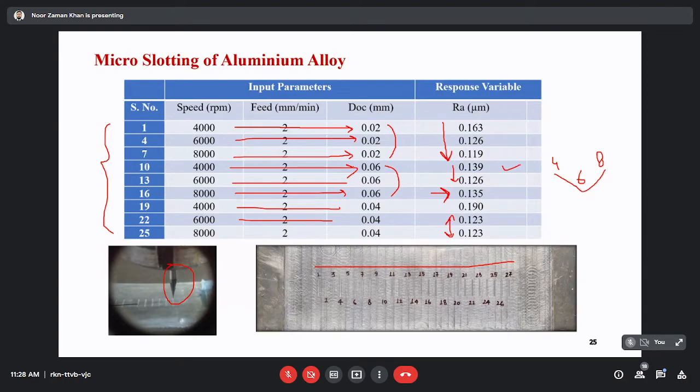If you talk about the 60 micrometer, it means that the effect of RPM on the surface roughness is significant up to 6,000 RPM, and if you further increase the RPM, the effect of RPM on the tool wear will increase. But at 40 micrometer, what happened? The effect of RPM on the surface roughness as well as on the tool wear is near about the same. So this is the conclusion of this slide.